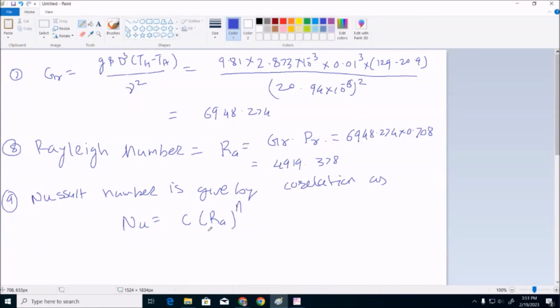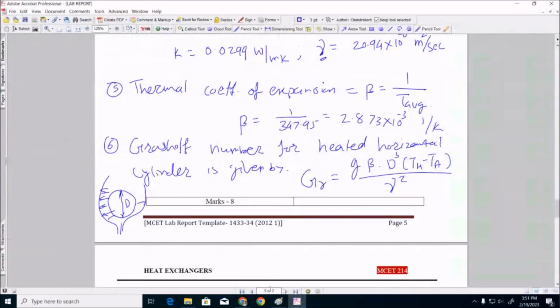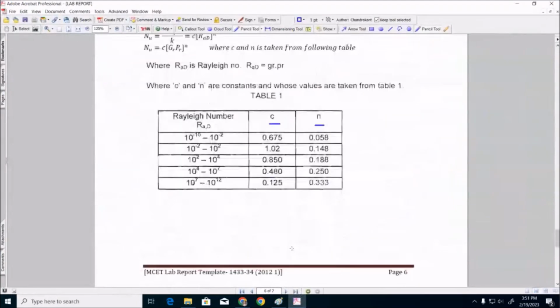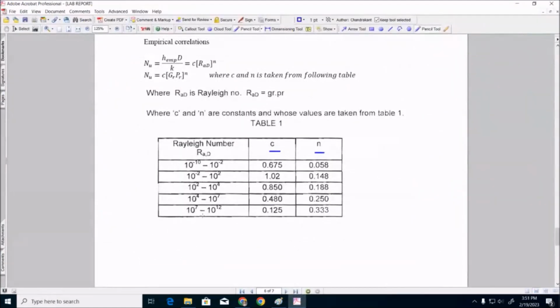to n, where C and n are taken from the graph or from the table for Ra. So we will go to the table, and the table is given to you. So what is your Rayleigh number? The ranges are 0.01 to 100, 100 to 10,000, 10,000 to 10 million.